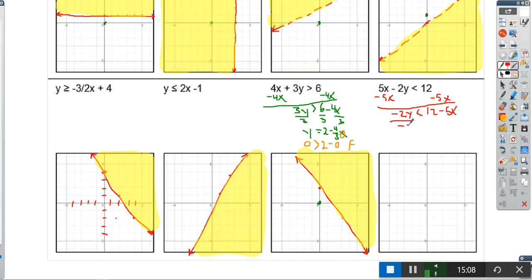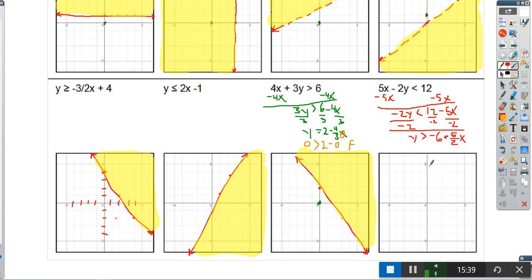Now, when I divide by or multiply by a negative, that means I'm going to have to flip the sign. So we're going to get y is greater than, well, that's negative 6, because a positive divided by negative is a negative. And we have negative divided by negative, so that's going to be a positive, and we get 5 over 2x.